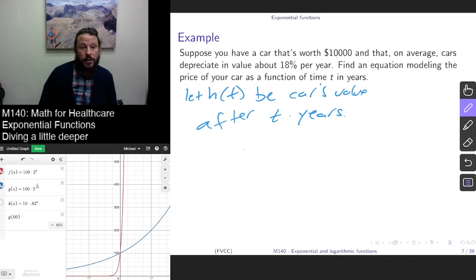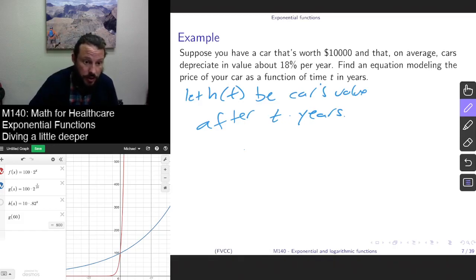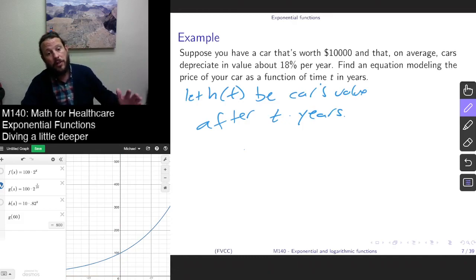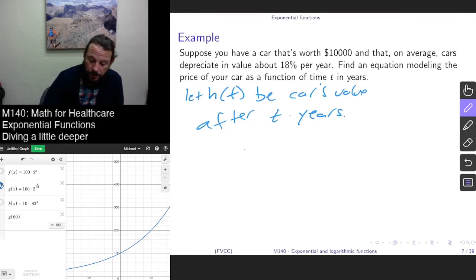The higher t gets, the lower the value should be. So instead of our other two exponential functions, I'll get rid of one of them so there's less on the screen. We want something that's going to decrease, going downhill from left to right. One way to say that is that 18% is now our decay rate.